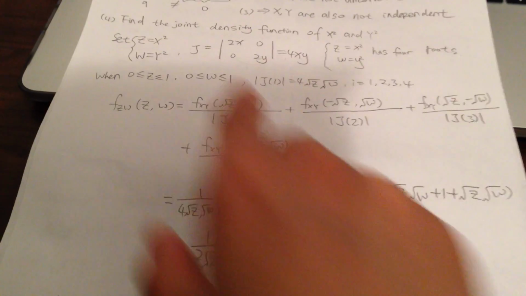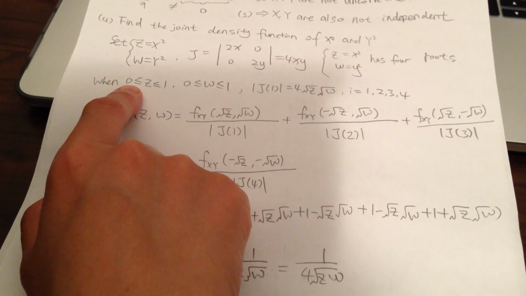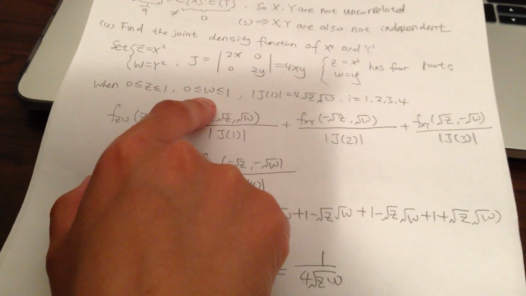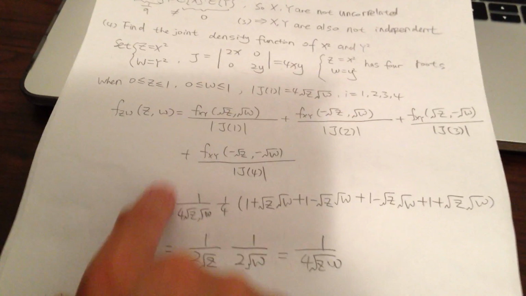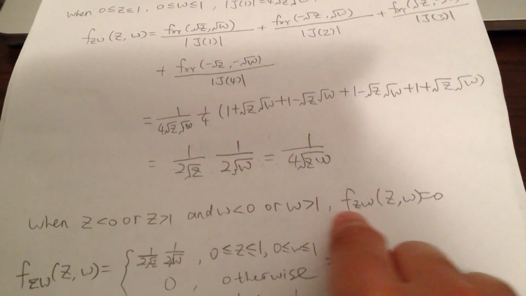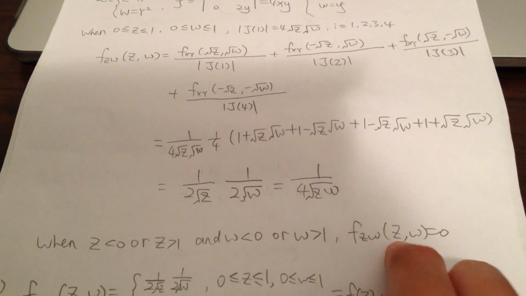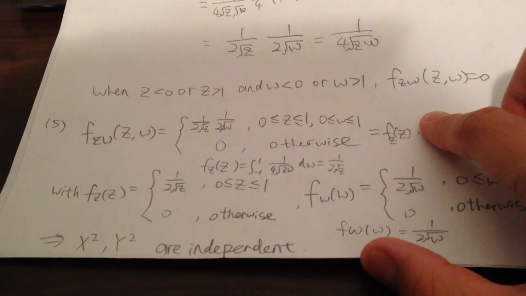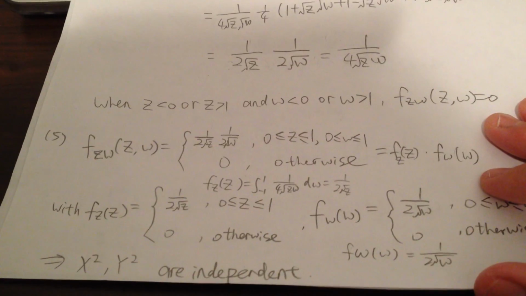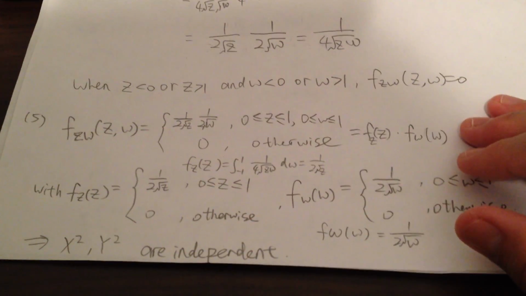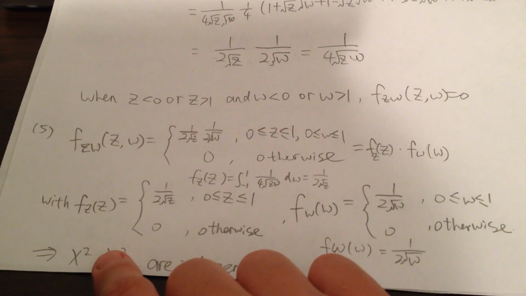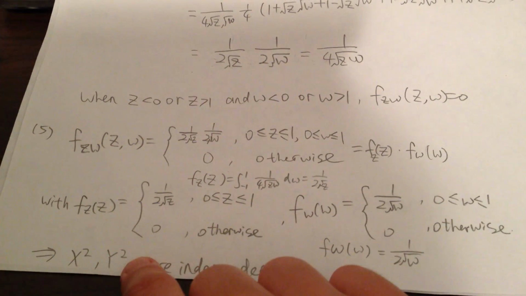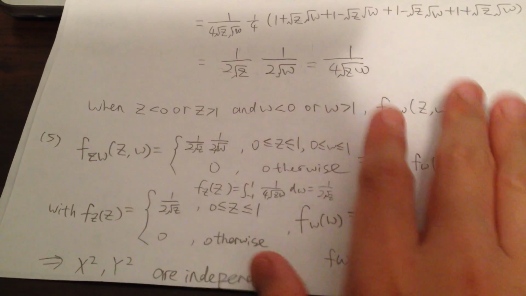This is for z between 0 and 1 as well as w ranging from 0 to 1. In other conditions, this density function equals 0. Now for the last part, we should check whether the random variables x squared and y squared are independent or not.